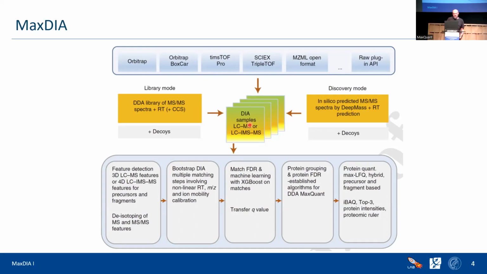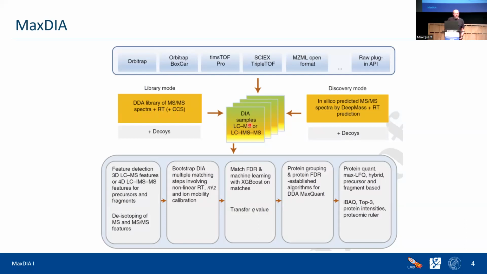Examples are nearly everything that happens on the protein level, like the protein FDR control or the grouping of the shotgun peptides into proteins. All of this doesn't care whether your data was produced with DDA or DIA methods, so it can be reused one-to-one.